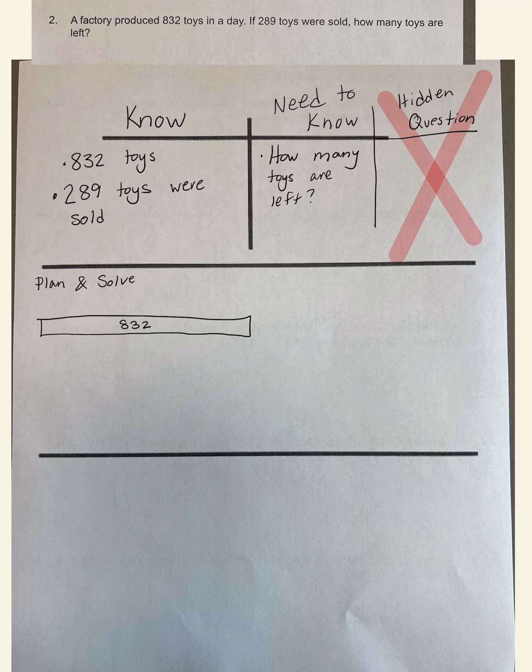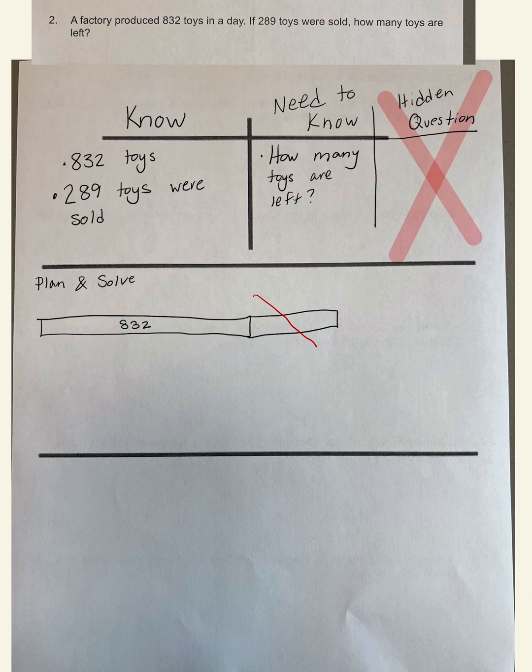Okay, so then I have to keep on reading. It says if 289 toys were sold. Well, I have to think about what does that mean if it was sold? Well, if it was sold, it means I no longer have it. It means it was taken out of that 832 toys. So in my strip diagram right here, I would not put it right there beside it because that would mean I'm adding that 289 toys to my 832 toys.